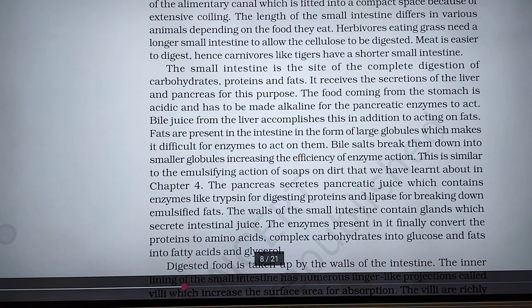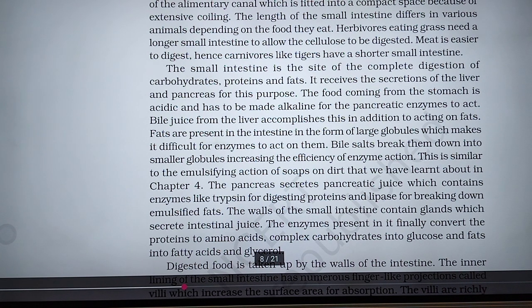The wall of the small intestine contains glands which secrete intestinal juice for digestion.